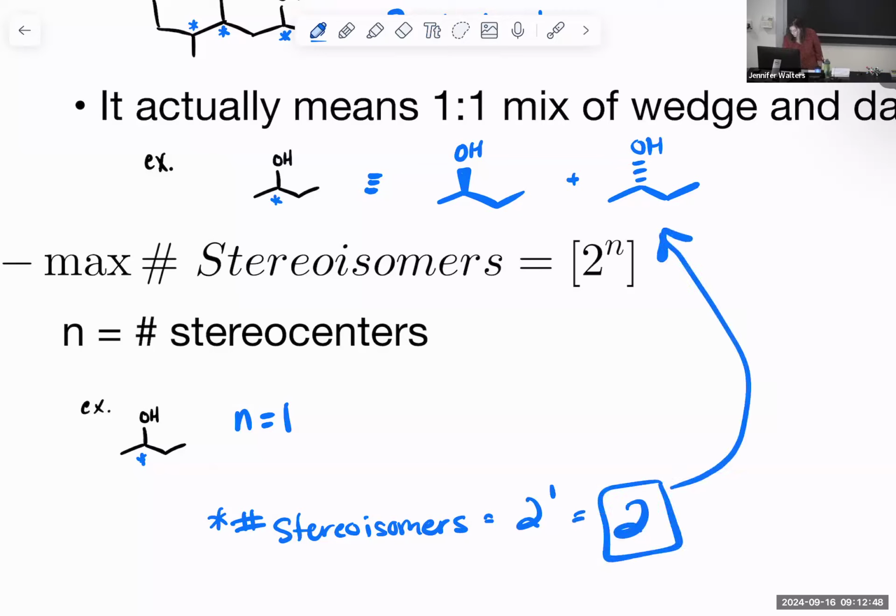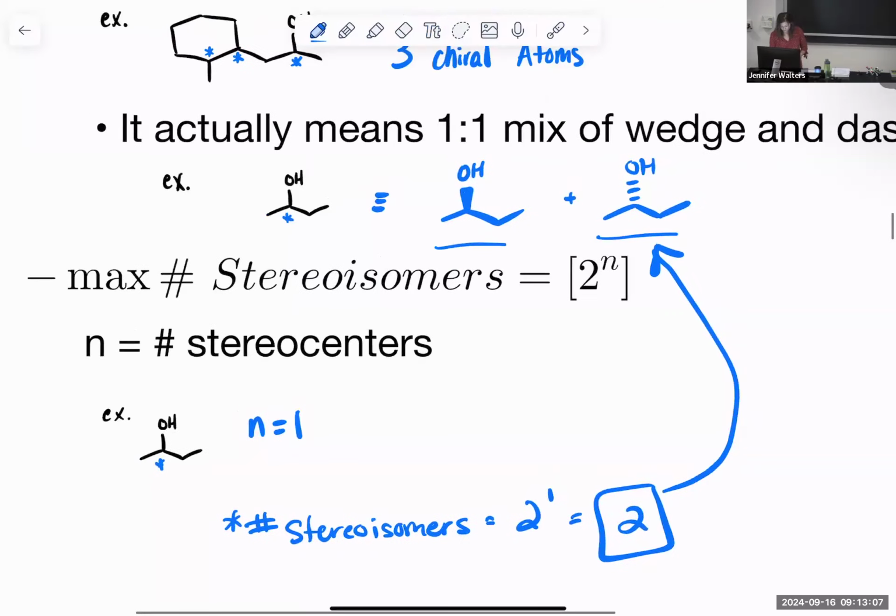That makes sense because we drew the 2 stereoisomers, the one with the wedge and the one with the dash. If you're trying to figure out how many stereoisomers, you can also just draw them and then count them, or you can use this formula of 2 to the n, where n is the number of stereocenters.